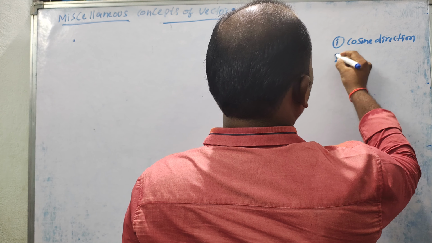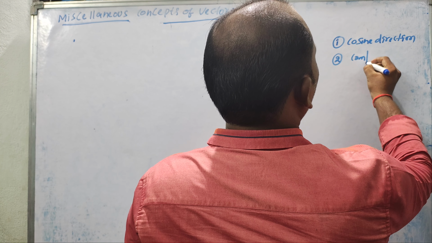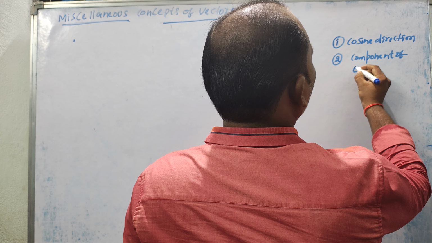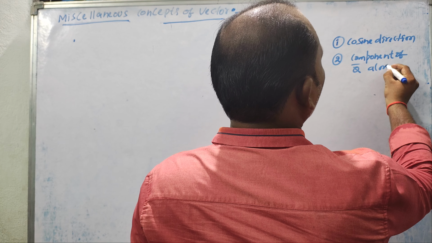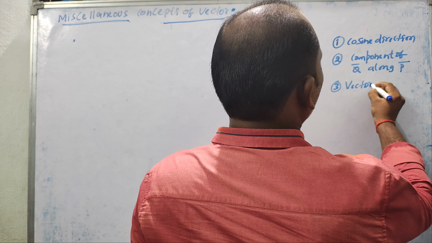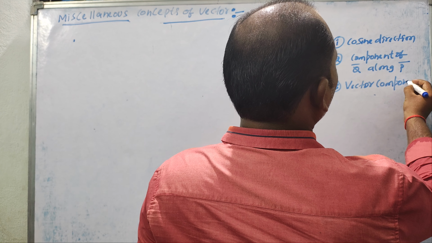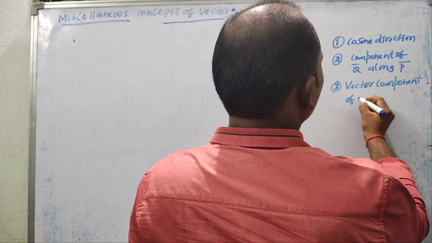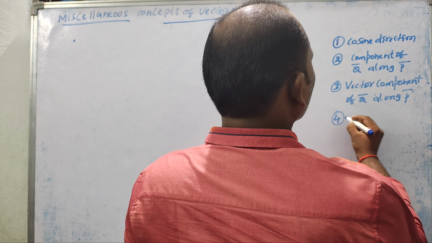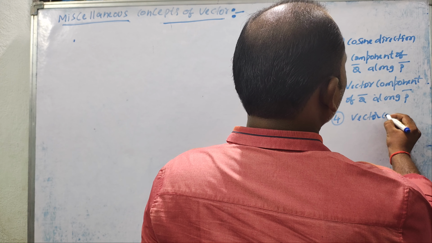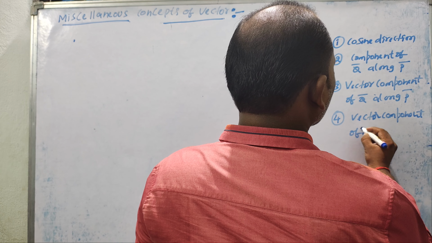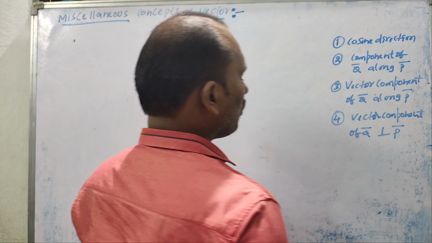And the second one we are talking about is the component of q bar along v bar. The third one, vector component of q bar along v bar. The fourth one, vector component of q bar perpendicular to v bar.